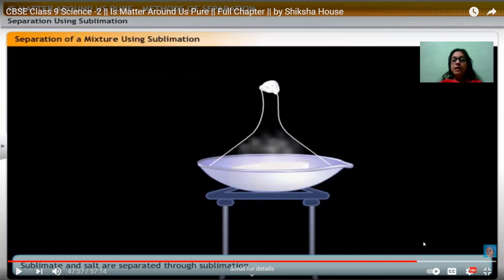So by this method we are able to separate the sublime substances from non-sublime solids.